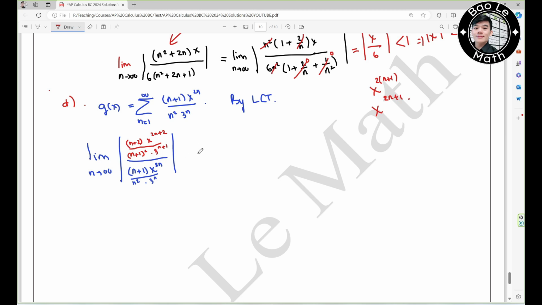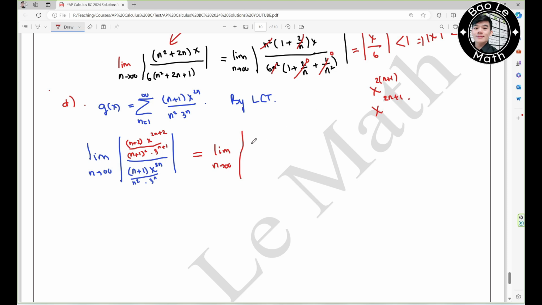Now we just simplify this one. It's the limit when n approaches infinity of the absolute value of this. This is a division, so we turn it into multiplication by flipping the denominator.